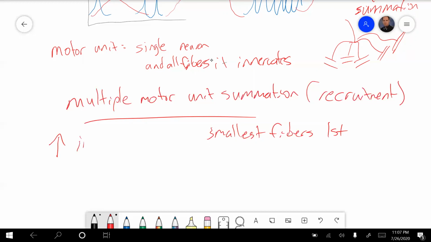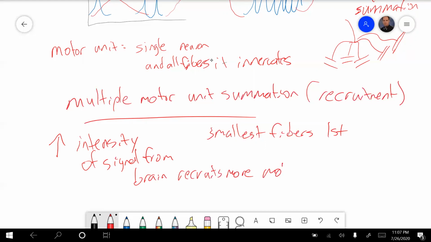Increased intensity of the signal from the brain recruits more motor units.